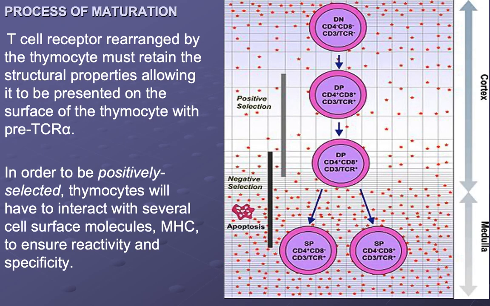Ultimately, positive selection works to screen which thymocytes will mature. In order to be positively selected, thymocytes will have to interact with several cell surface molecules, the MHC, in order to ensure an acceptable level of reactivity and an acceptable level of specificity.